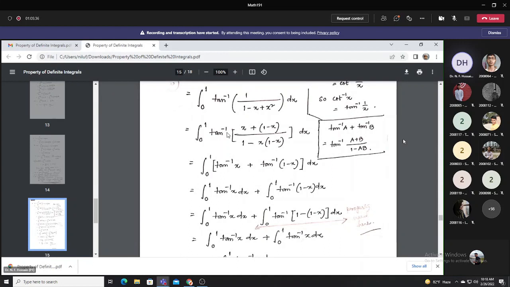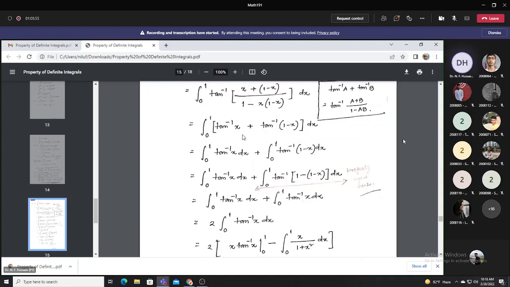So it will be nothing but tan inverse a plus tan inverse b. That means tan inverse x plus tan inverse 1 minus x. So up to this step we have used property of inverse circular function.